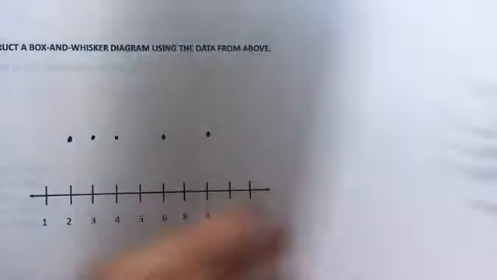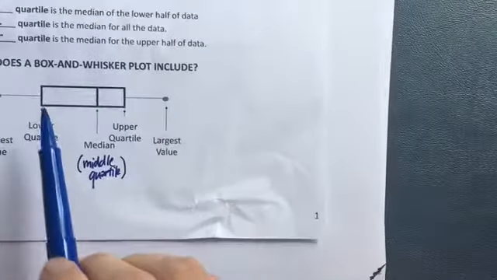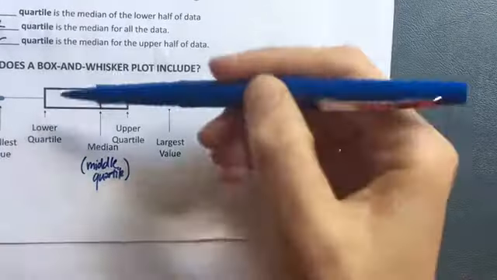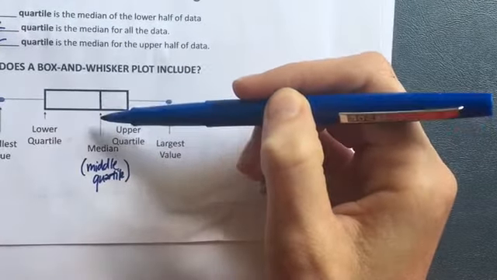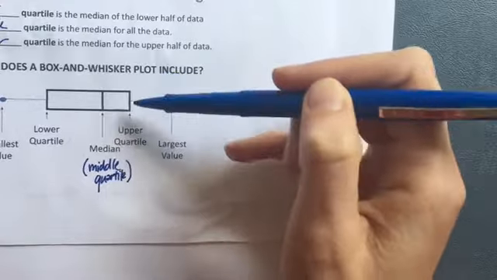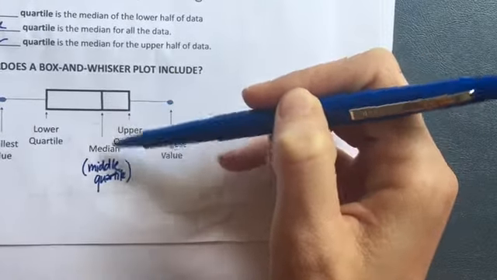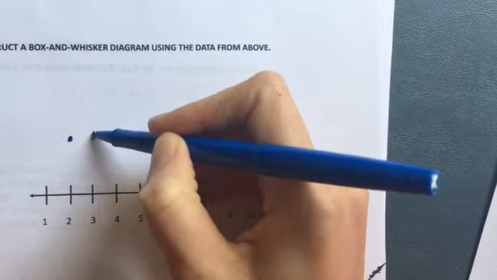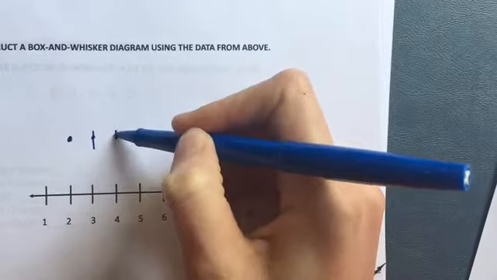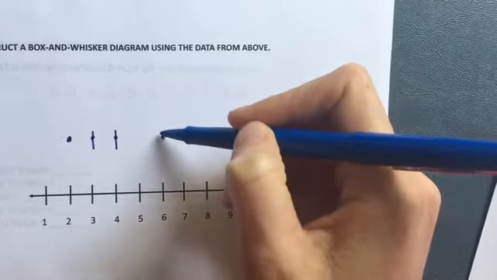Now notice, the box is on the lower quartile, the median, and the upper quartile, or the middle quartile, we can say instead of median. So on those 3 points, the lower quartile, we'll put a line there. On the middle quartile, we'll put a line. And on the upper quartile.